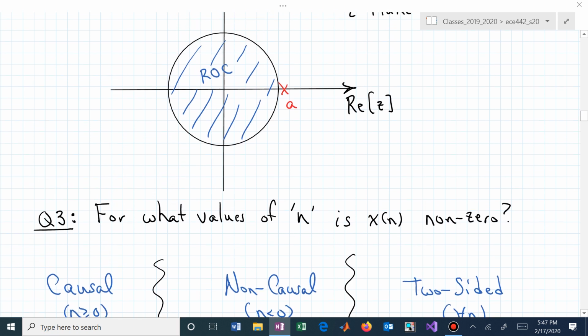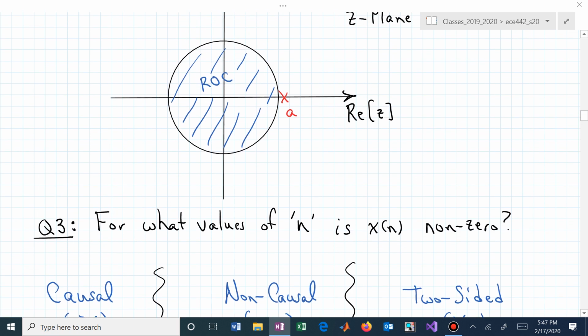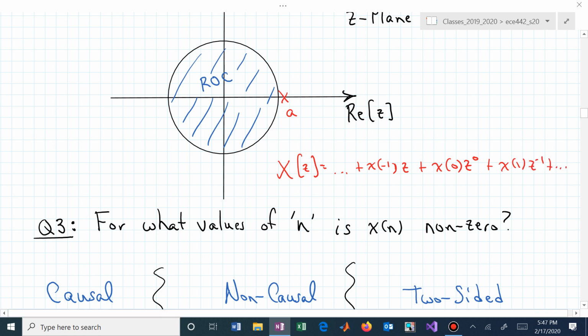If you did the expansion again, you might want to pick an extreme point in the region of convergence.